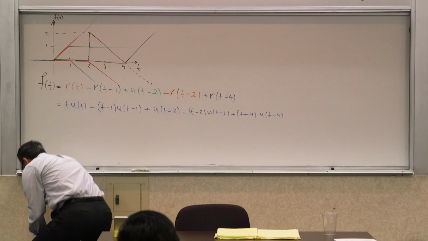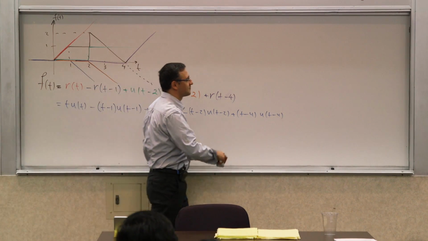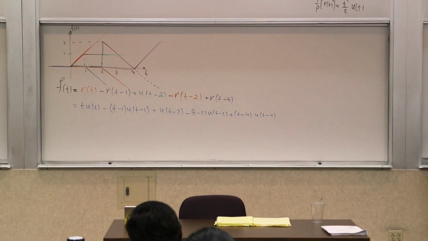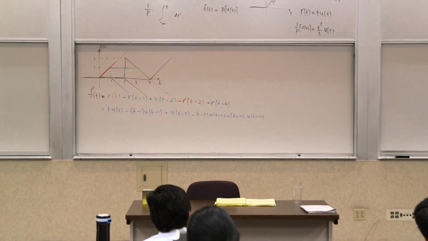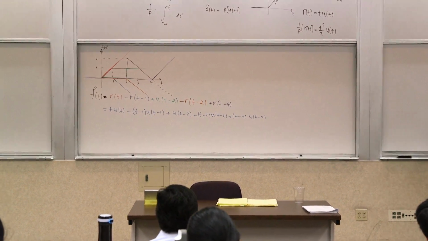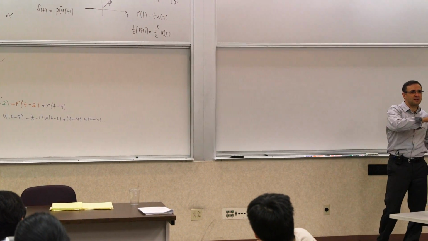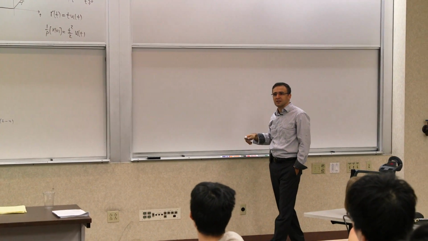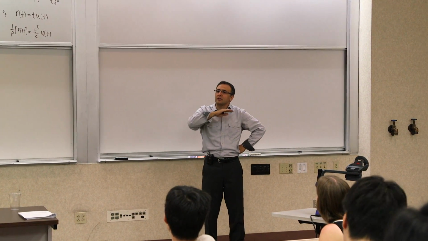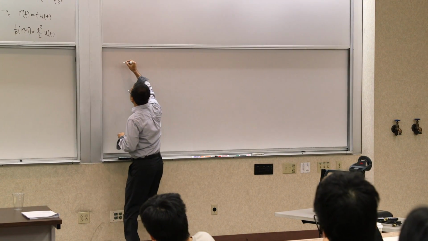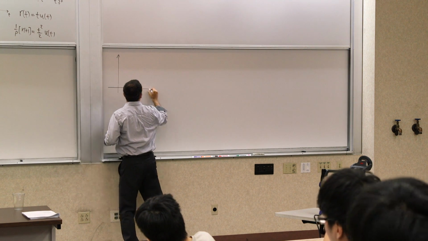Okay, now the really important stuff. So I gave you an example, it was kind of a contrived example, right? I mean, it has a piecewise linear function, all those things. What if I give you a general function, an arbitrary function, f of t?